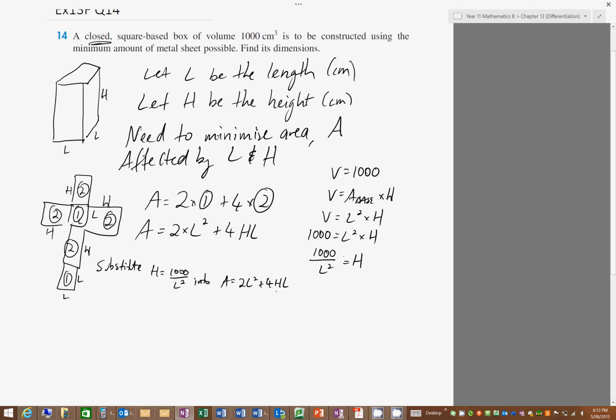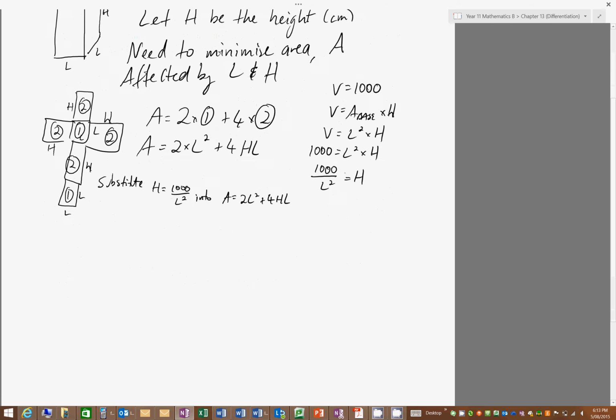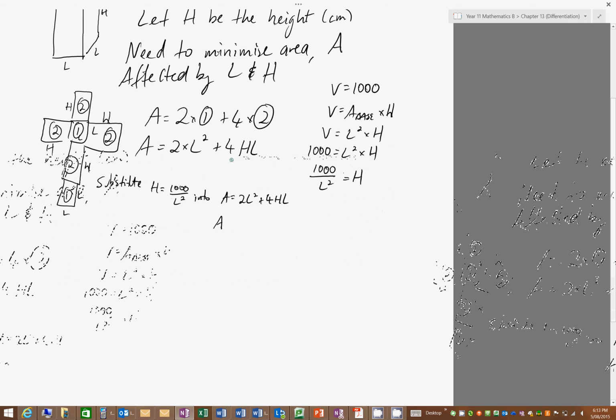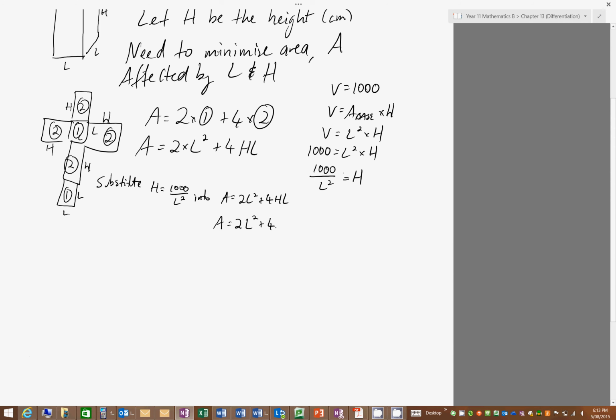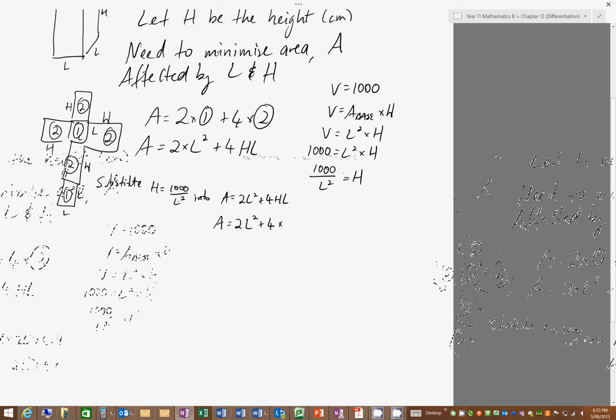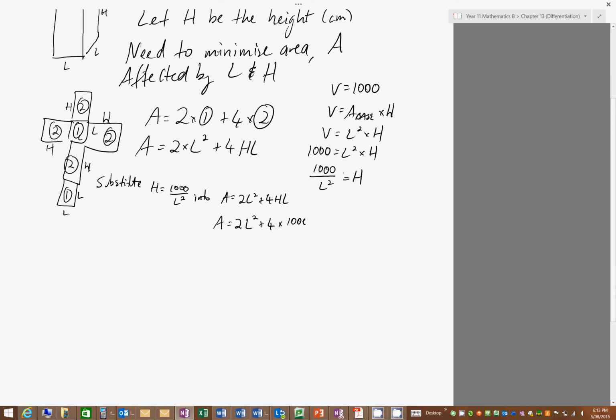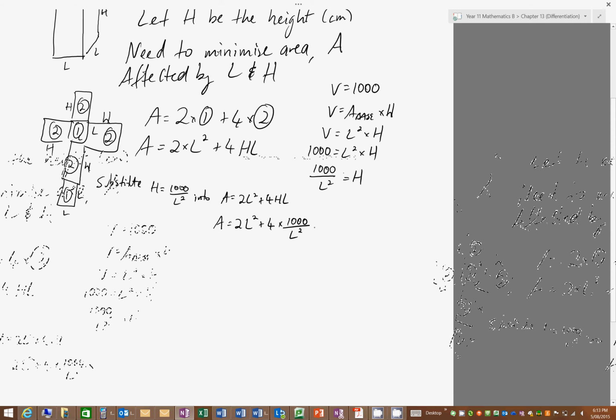Okay, so wherever I see H, I'm replacing it with 1000 on L squared. So A equals 2L squared plus 4 times 1000 on L squared times L.